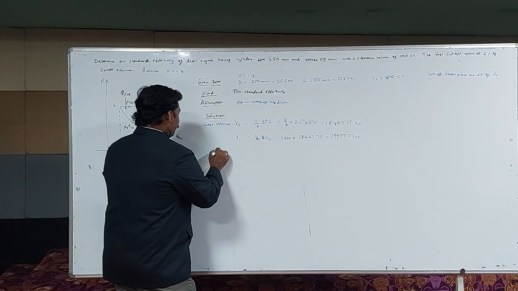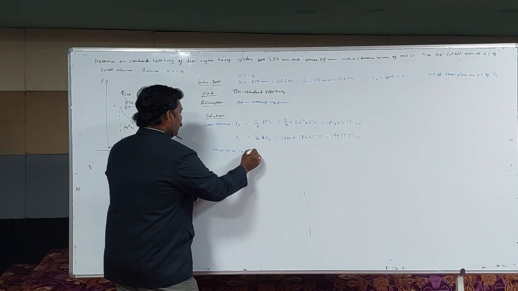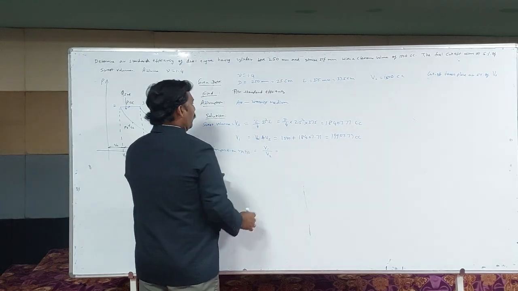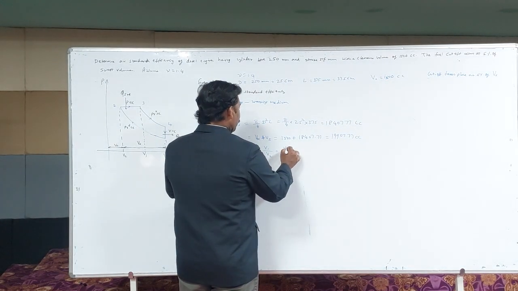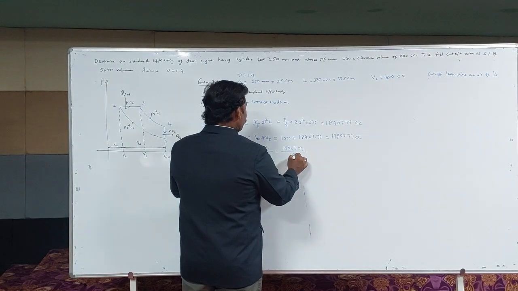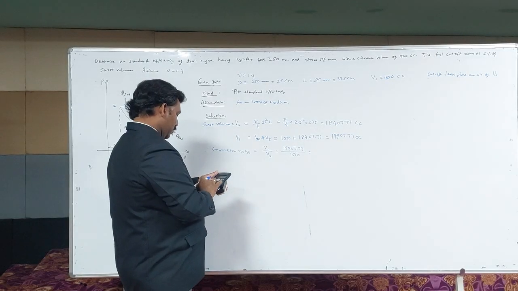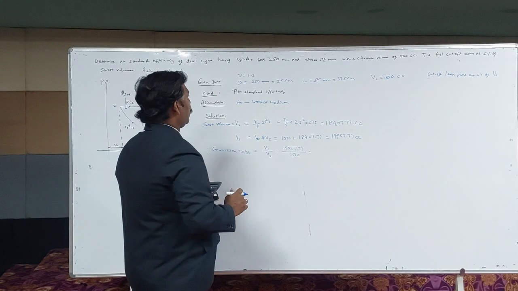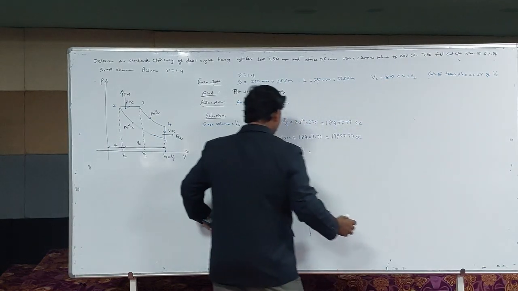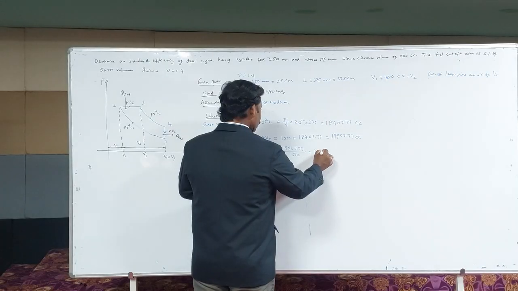Therefore, compression ratio is equal to V1 by V2. V1 is 19,907.77, V2 is 1500, the clearance volume. It is given Vc is equal to V2. So you get the value 13.27.